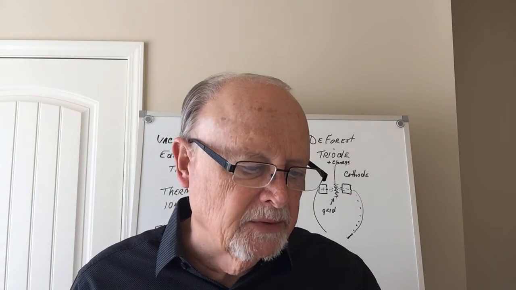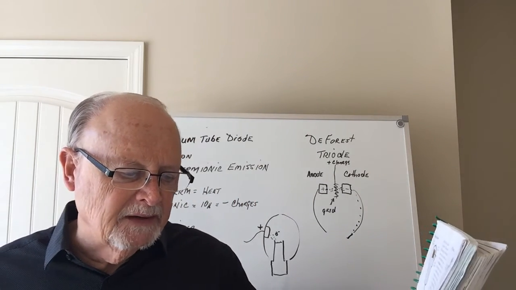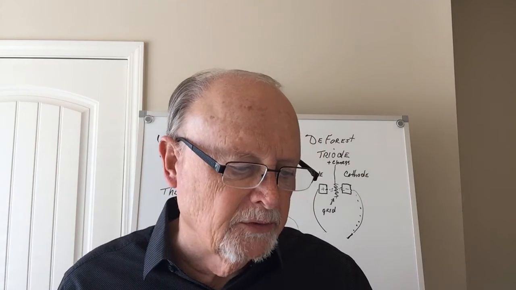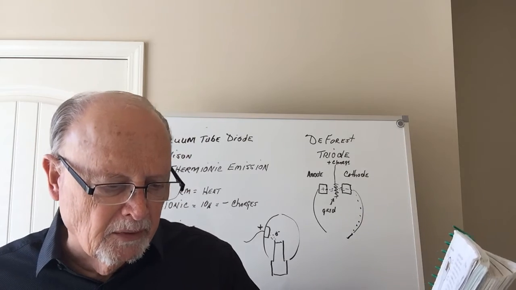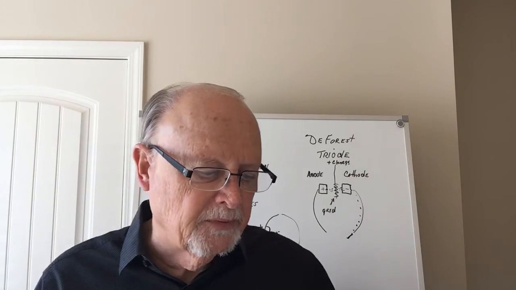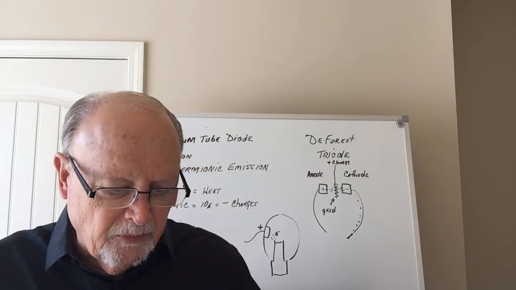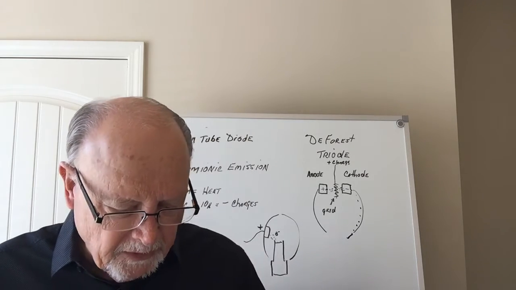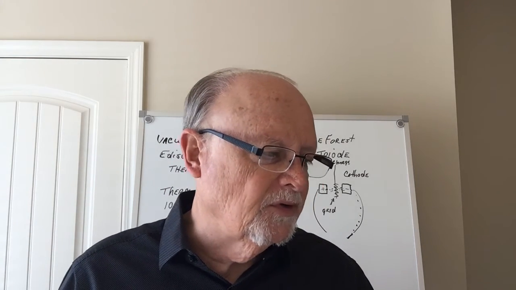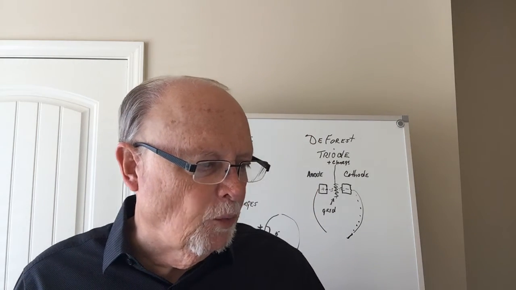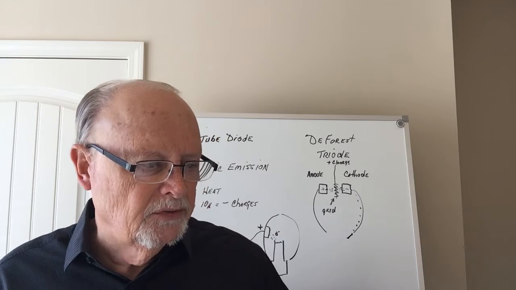If a weak pulsating charge, such as that induced in a radio antenna by a distant radio broadcast, is applied to the triode's grid, the much stronger current flowing from the cathode to the anode pulsates at precisely the same frequency. Thus, if you turn to the next page, 378, the triode can be used as an amplifier device that can transform a weak signal into a much stronger signal.